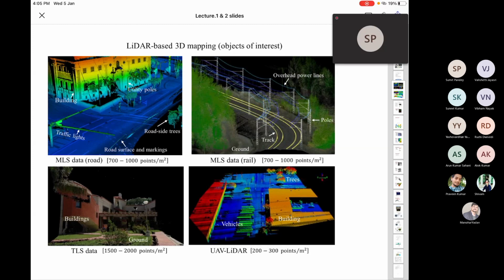So if I consider the point P1, point P1 has its coordinates X1, Y1, Z1, and its RGB value. What is the color of that point? Okay. Similarly, in the fourth case, the data is acquired by the UAV LiDAR. You can see that the buildings are there, vehicles are there, trees, the shape of the trees, you can see.